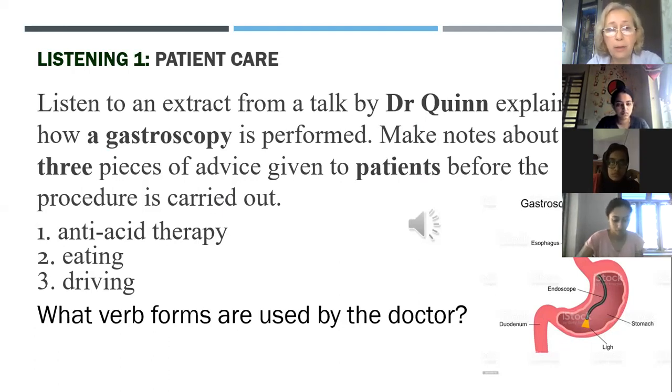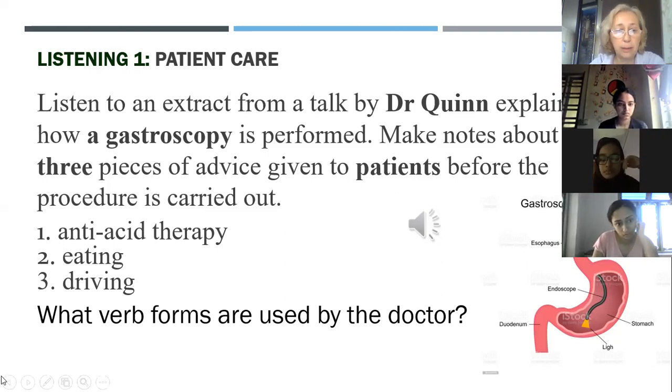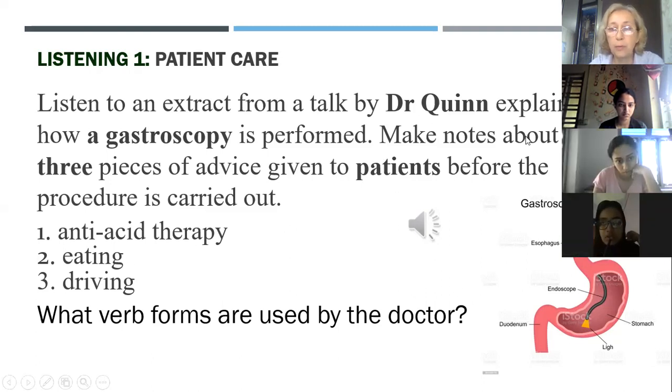He's explaining how a gastroscopy is performed. Let us also make notes about the 3 pieces of advice given to patients before the procedure is carried out. These pieces of advice are about anti-acid therapy, about eating, and about driving. So let us switch on the recording now and make notes about this.